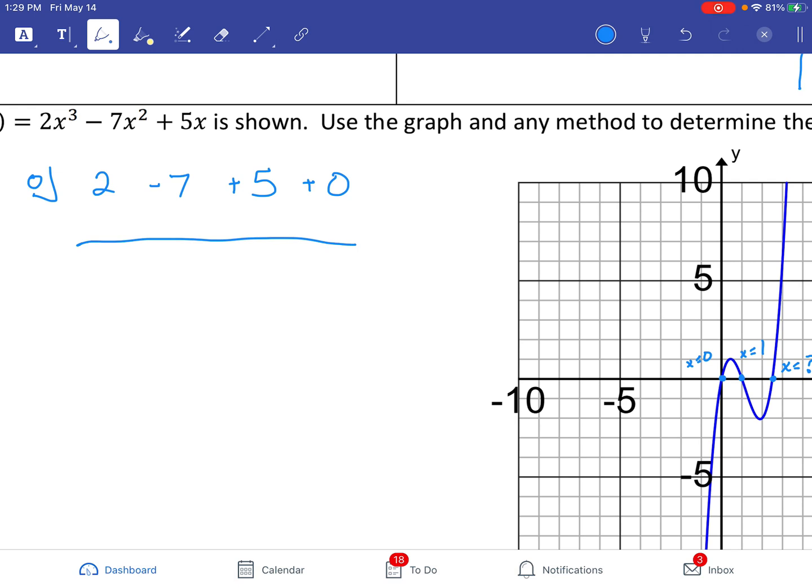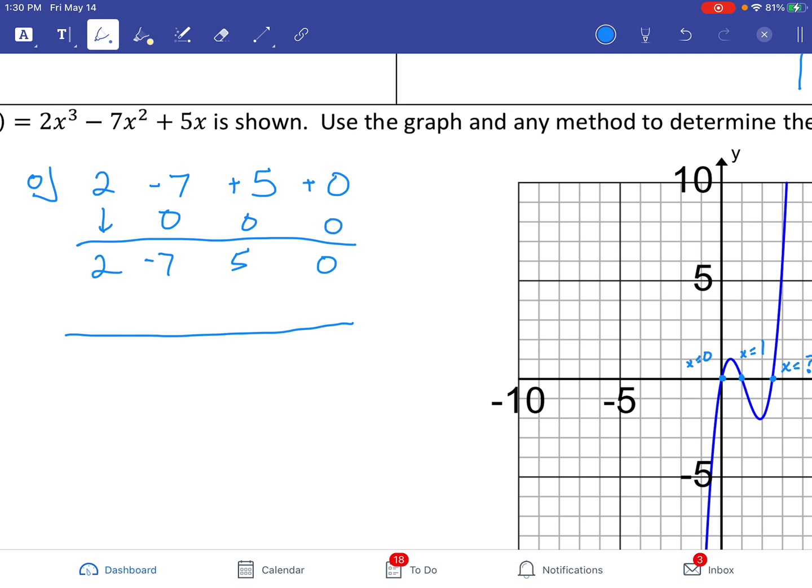Drop the first number, we get 2. 2 times 0 is 0, minus 7 is negative 7. 0 times negative 7 is 0. 5 plus 0 is 5. 0 times 5 is 0, which gives me nothing. So that's the first part of my synthetic division.